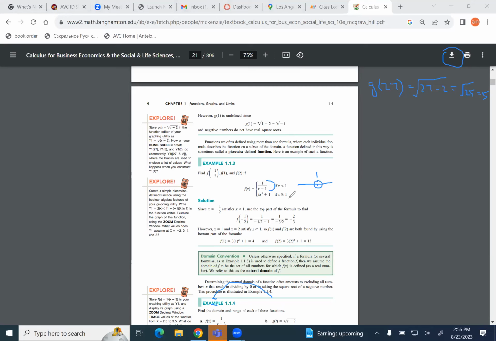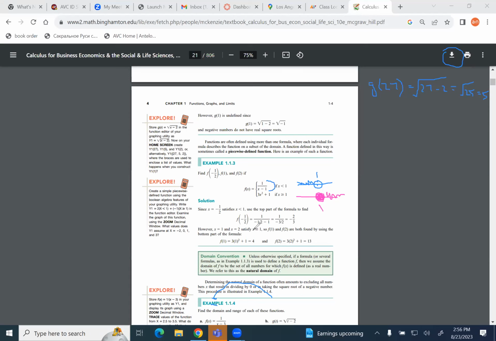And the second piece will be on the right side of 1. So that will be, if I fill this circle because the equal sign is possible, and then go to the right.